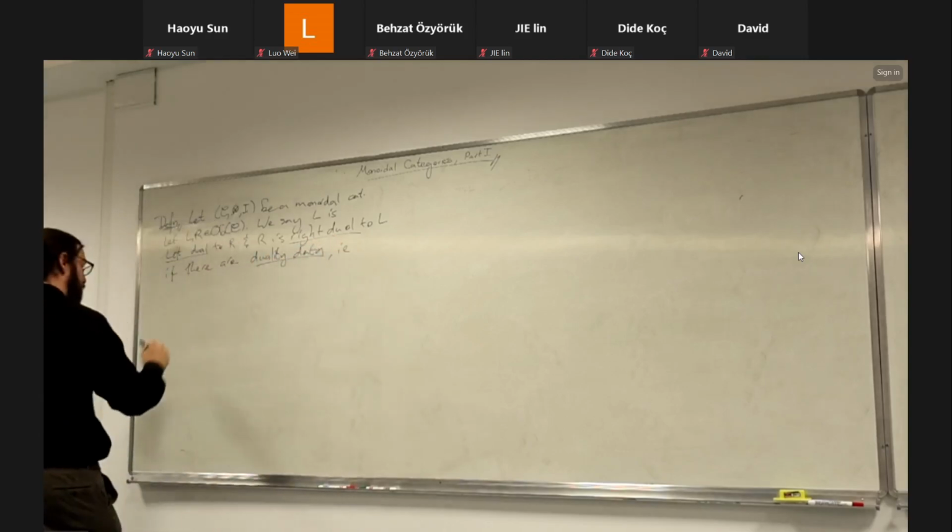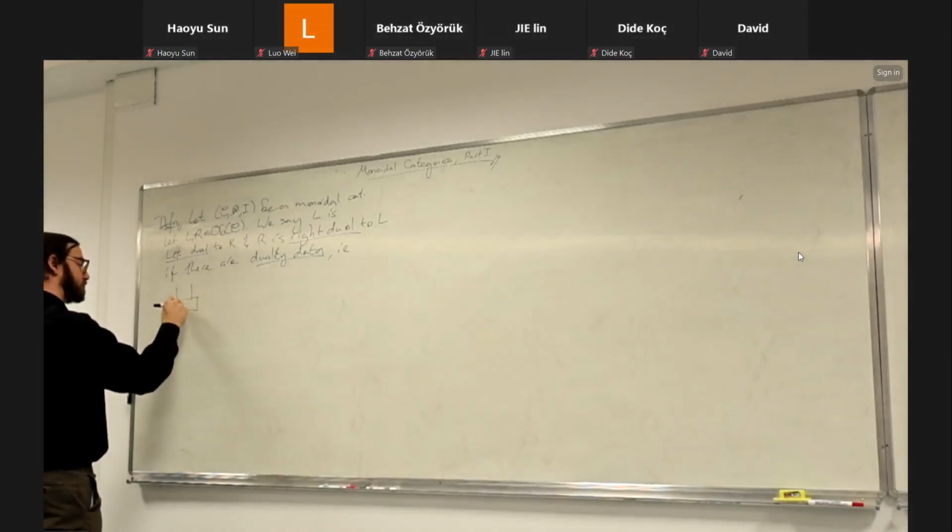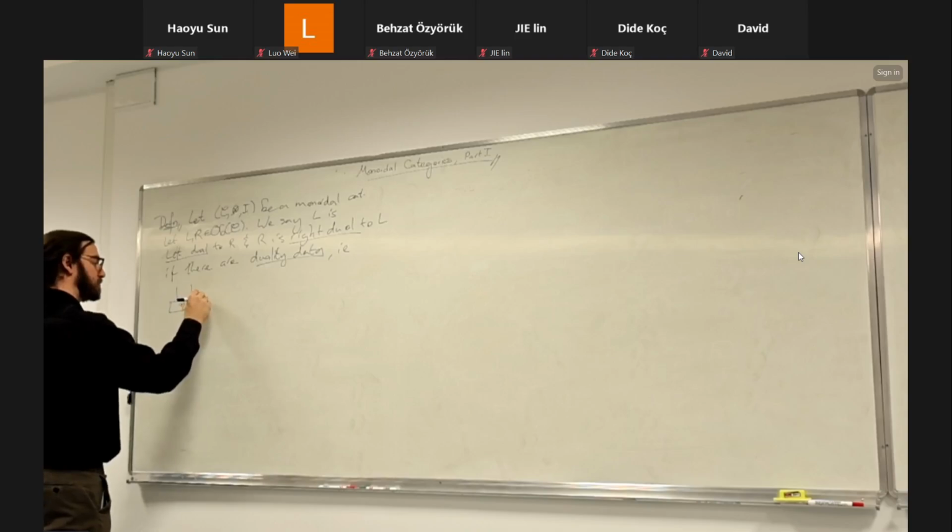That is, a morphism eta that goes from I to R tensor L.